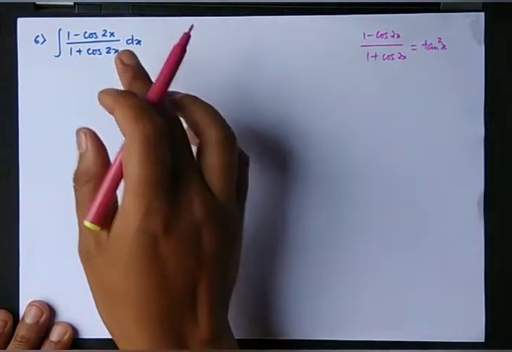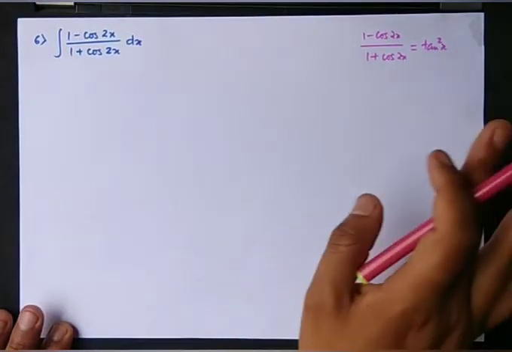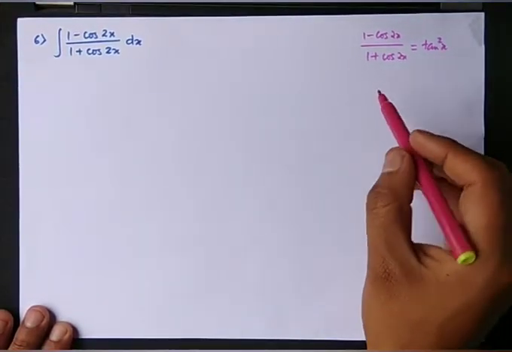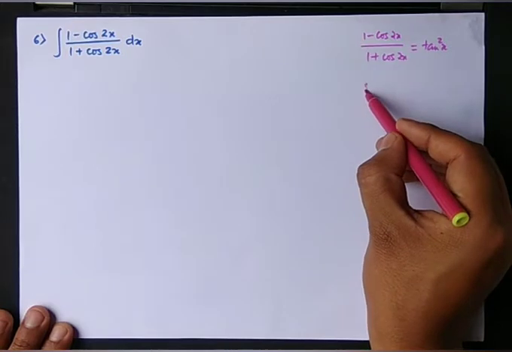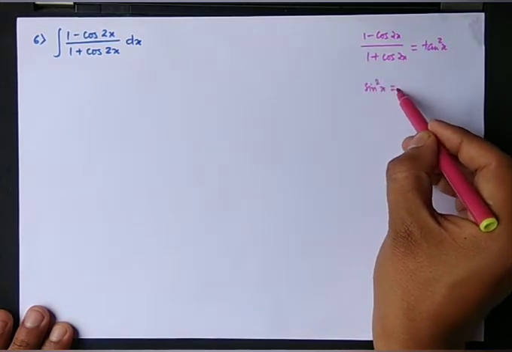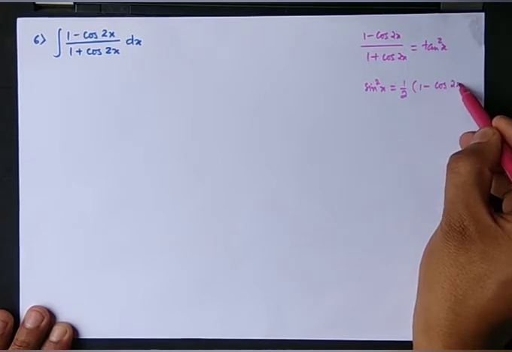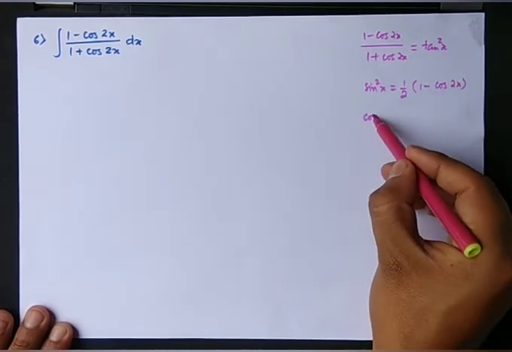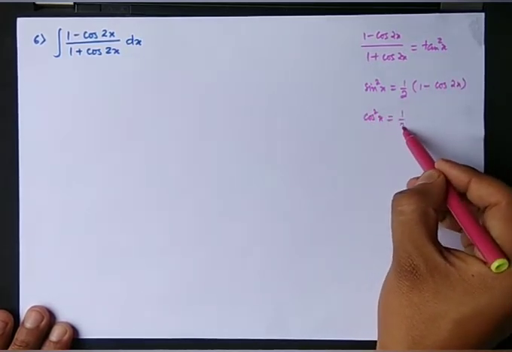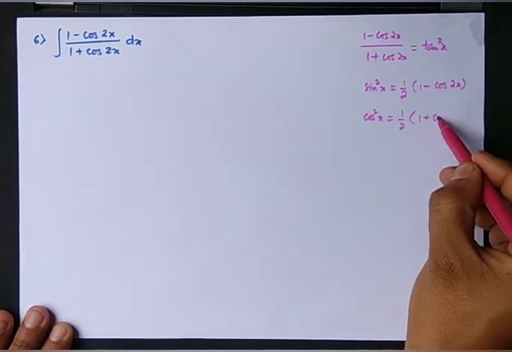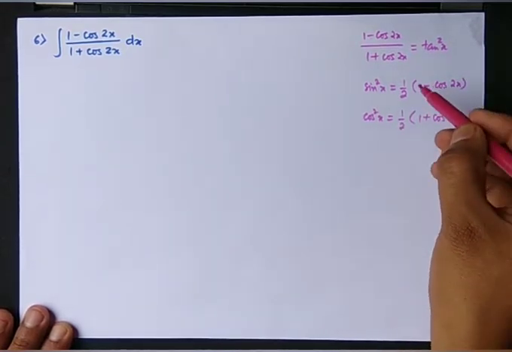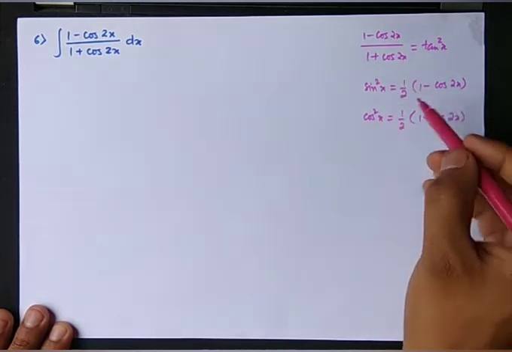So we can directly make use of this formula. Otherwise, if you don't know the formula, you have already written two formulae, that is sin square x equals half into 1 minus cos 2x, and another one was cos square x equals half into 1 plus cos 2x. These were the formulae which you already noted down.